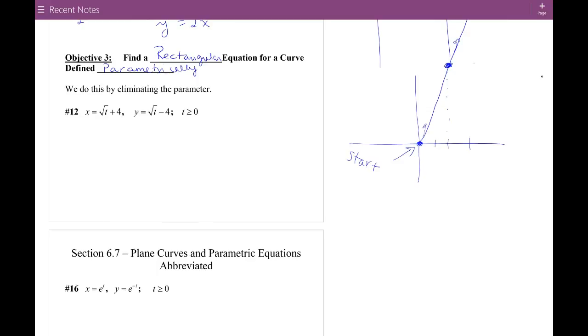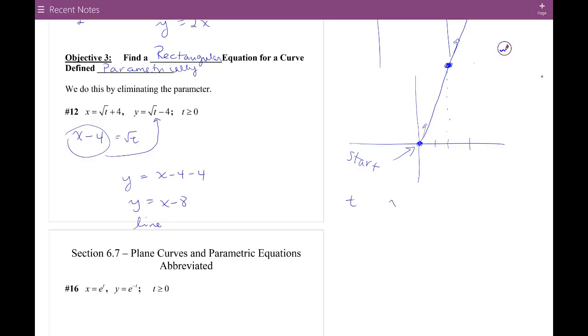Sometimes it's easier than other times. So this example is pretty simple. Of x minus 4 is the square root of t. So then you can plug in x minus 4 here instead of square root of t and get y equals x minus 8. So you can see that this is going to be a line.